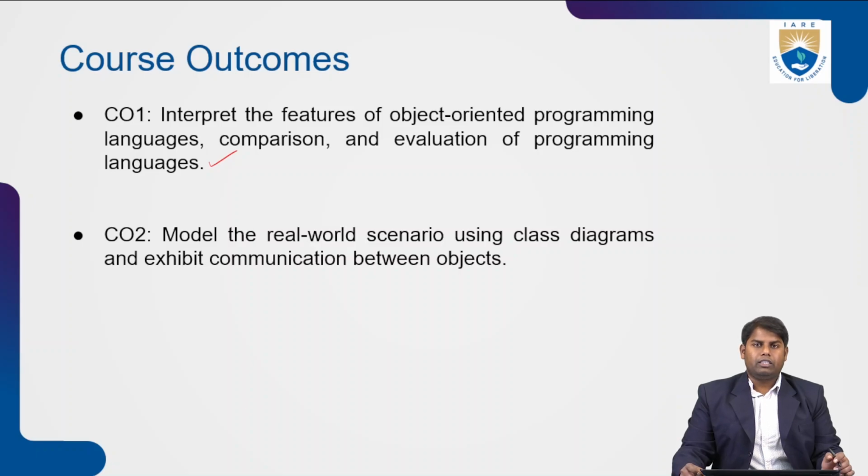OOP has Java and Python as high-level programming languages, while low-level programming languages include COBOL and Pascal, and let's say MATLAB. These are compared, along with the extra features available in OOP programs. We will see this in detail, and then model real-world scenarios using class diagrams, and see how communication is exhibited between these objects.